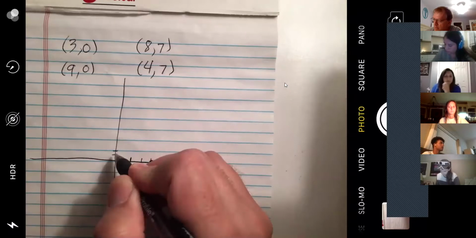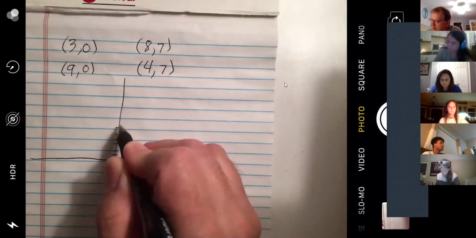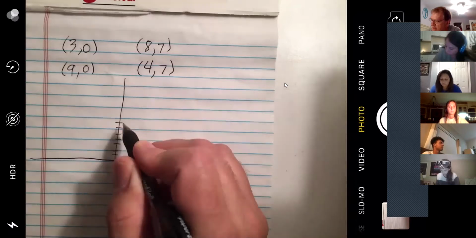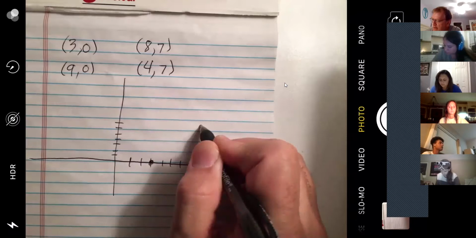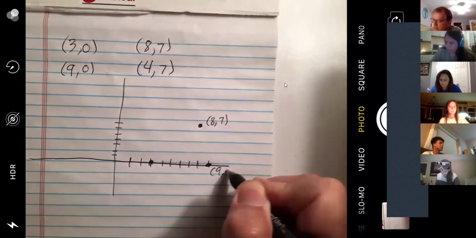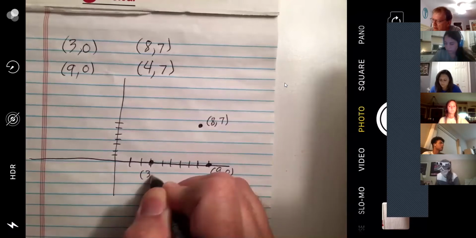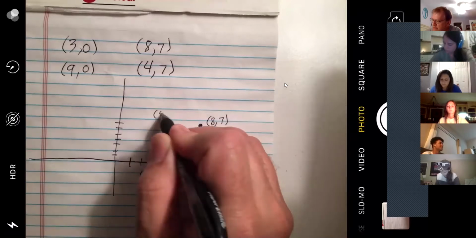Okay, 3, 4, 5, 6, 7. Over 8 and up 7, we'll label that (8, 7). This one's (9, 0). This one's (3, 0). Now I need over 4 and up 7. Okay, so I see a trapezoid.